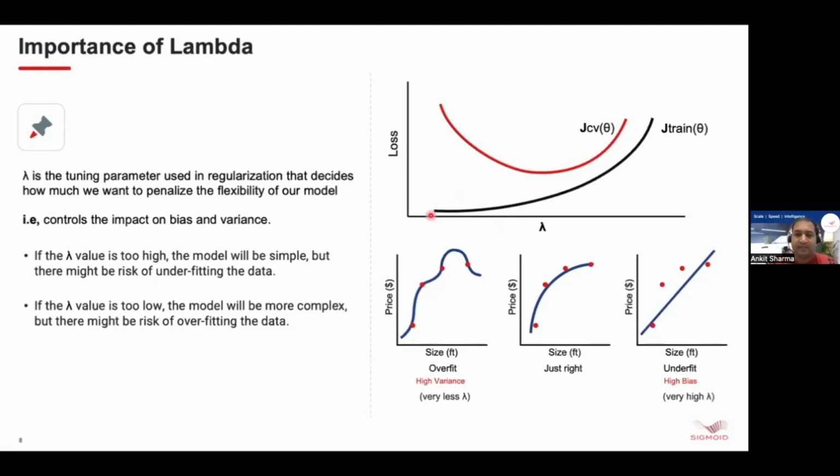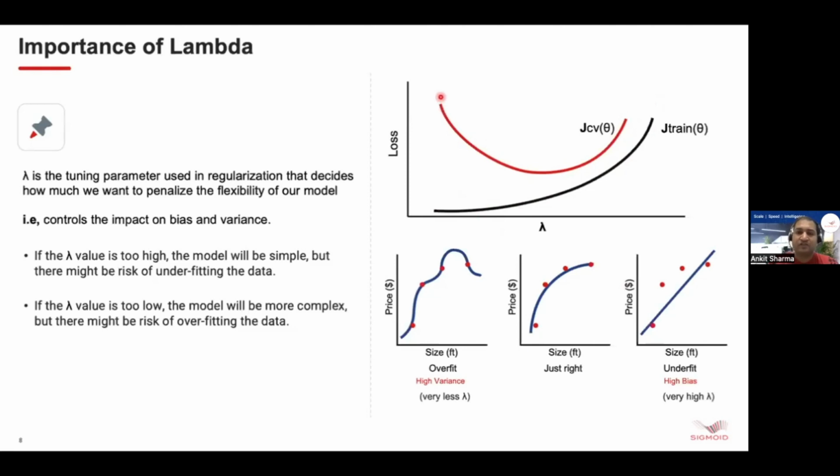For example, here we have a very low value of lambda. The blue line represents the cost function or the loss value of your training model. The red line represents the loss value of your cross validation model. At this point you have a very low training error, and the cross validation error is very high.